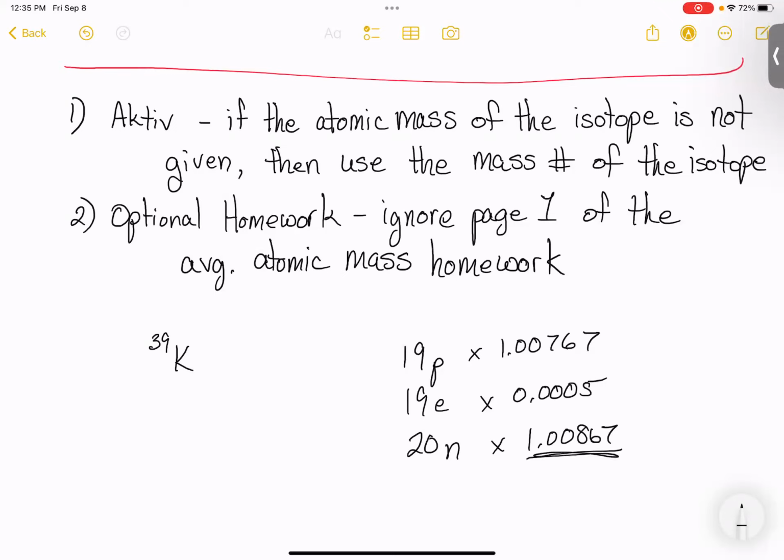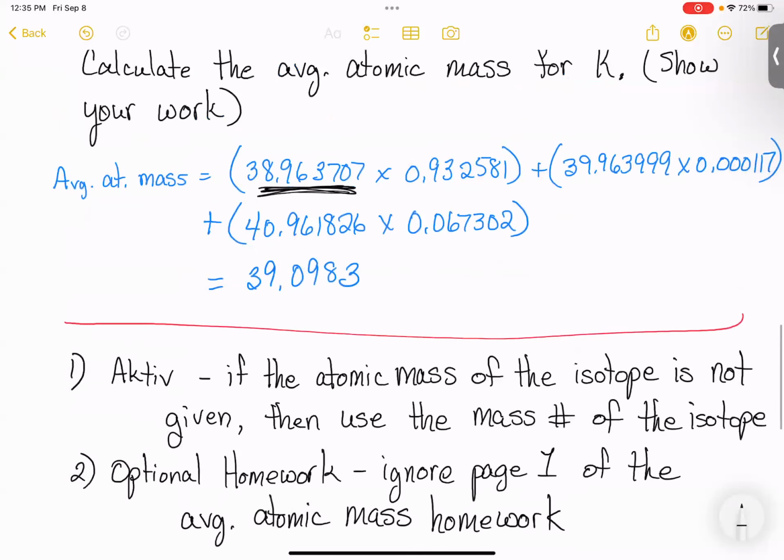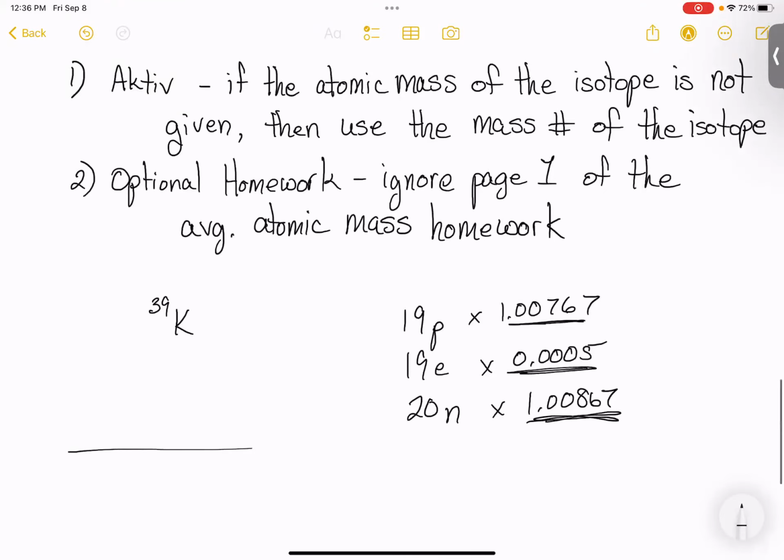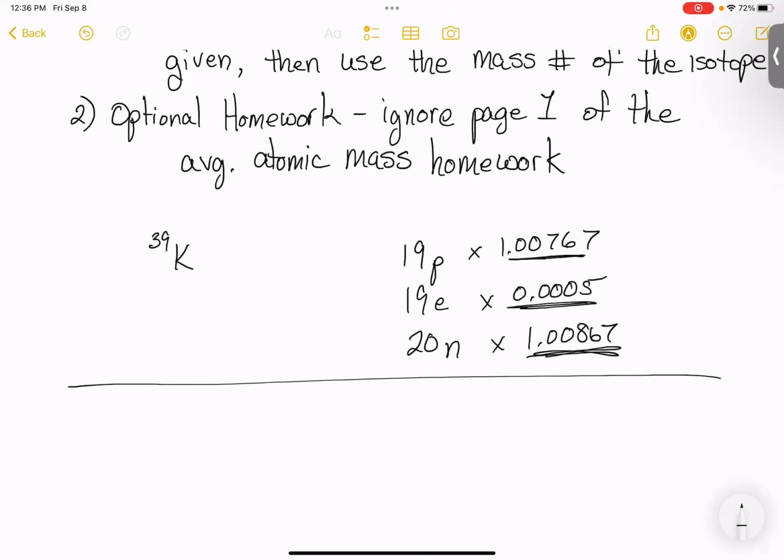It is these individual masses of the subatomic particles that, when you add them all together, come close, not always exact, to what you were given. That's why I'm saying just ignore it. So ignore that page of homework. Starting on the second page, it's valid for the test. Questions?